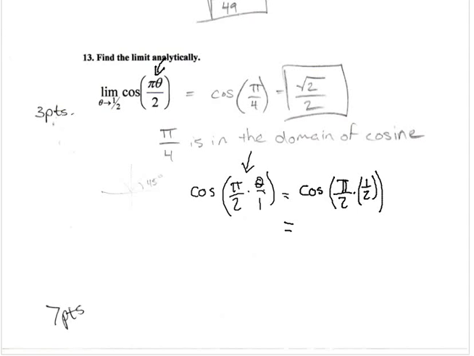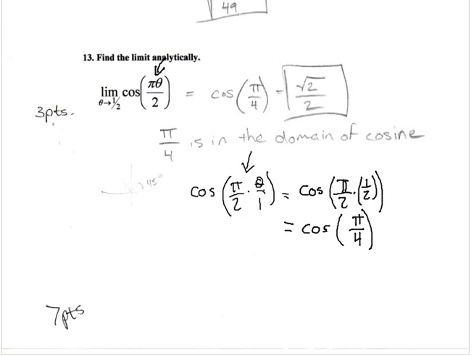So we can simplify this though. Pi over 2 times 1/2 is the same thing as pi over 4. And pi over 4 is the same thing as 45 degrees. Pi over 4 is in the domain of cosine.